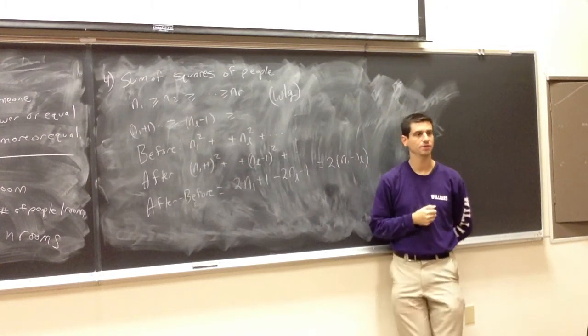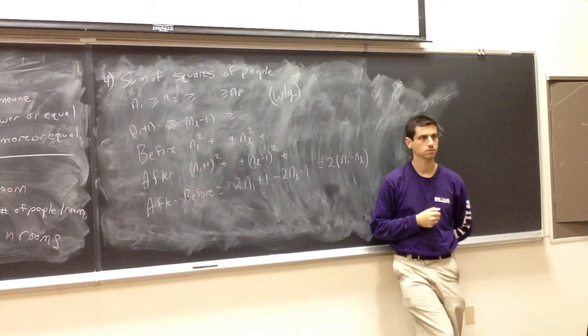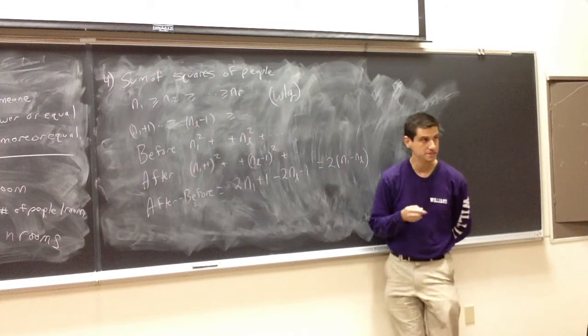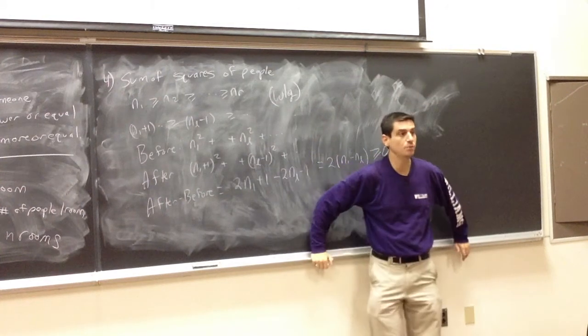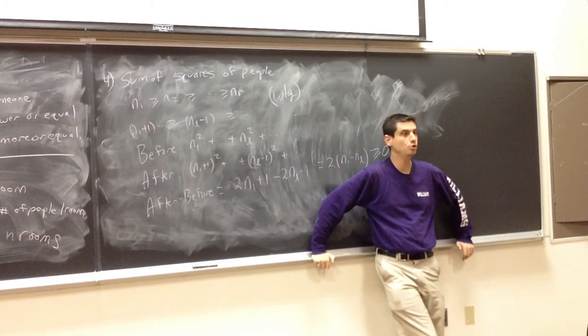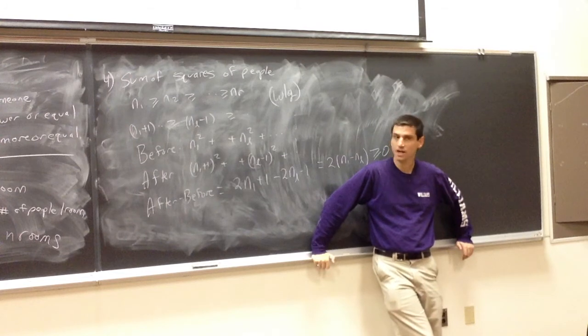And what can you tell me about this? It's at least 0. So we've just shown that this is a monoinvariant. If it moves, it can only move up. How many possibilities are there? A finite number.